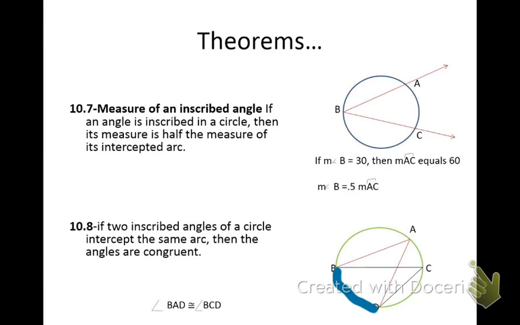If they both intercept BD, then we know angle A is congruent to angle C. Right? Those two angles are congruent. They may not look like it. It's kind of deceiving. When you look at this picture, it kind of looks like A is bigger than C, just because of the way the chords are spaced out. But trust me, they have the same measure. I mean, they are both half of BD.